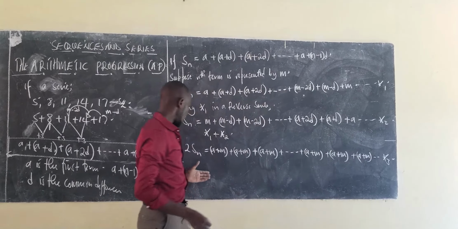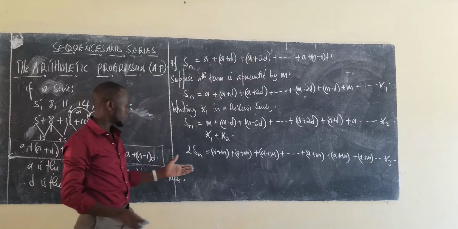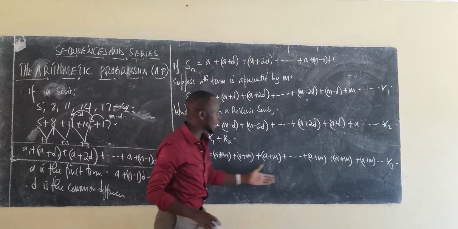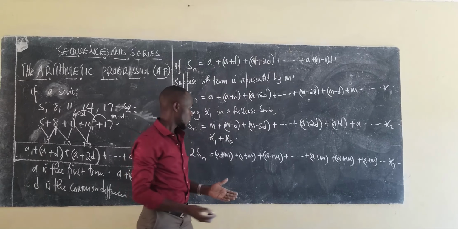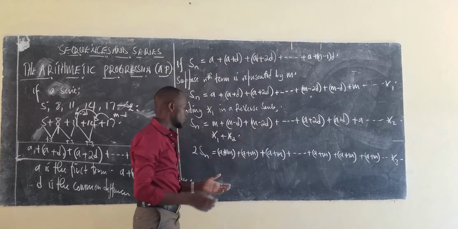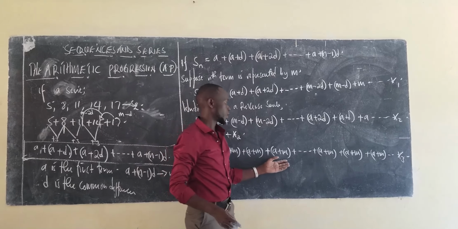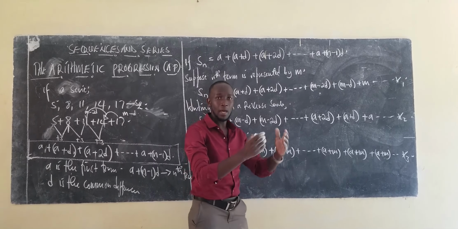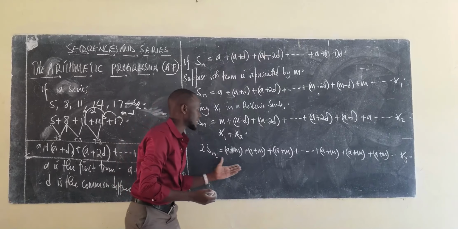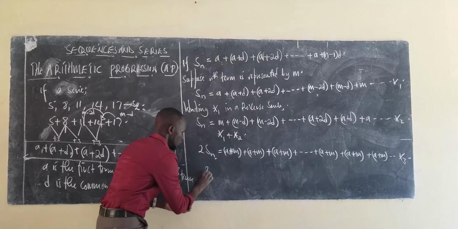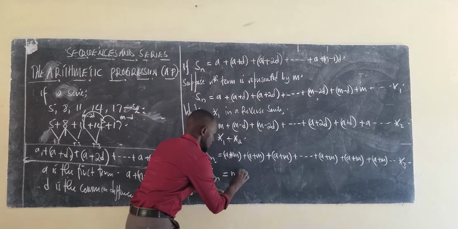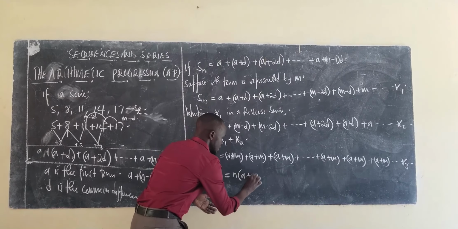So when you look at equation 3, we have n terms that are similar. We have these ones and we have these ones. So they are n terms. Since they are similar n terms, we shall have sum of the first n terms, which is n into a plus m.